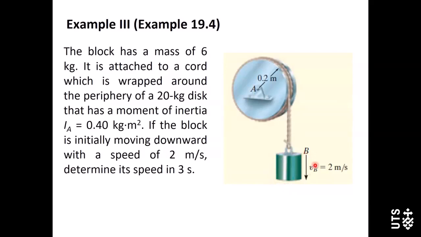We already know the mass of this block, and this block is connected to a cord, and this cord is wrapped around this disc. Initially, this block has a velocity downward 2 meters per second.